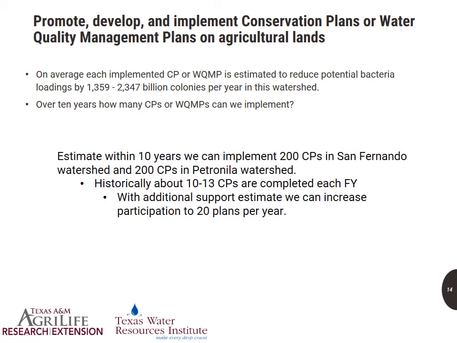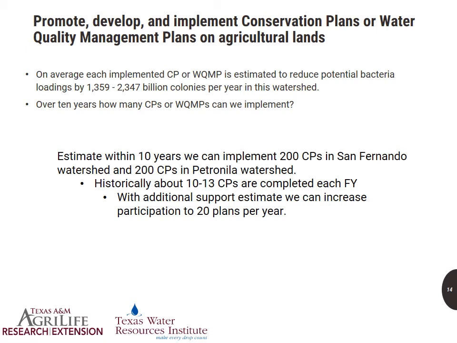So we anticipate with this protection plan, hiring a technician, that added support, that added boost in the community and knowledge about this program, that we can probably increase to around 20 plans per year. So if we think 20 plans per year for 10 years, we're thinking we can implement around 200 conservation plans, water quality management plans for San Fernando and 200 for Petronila.